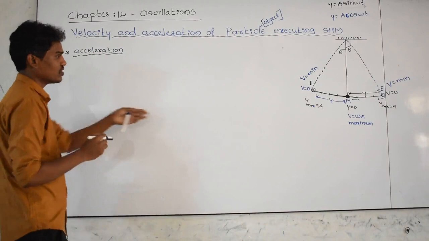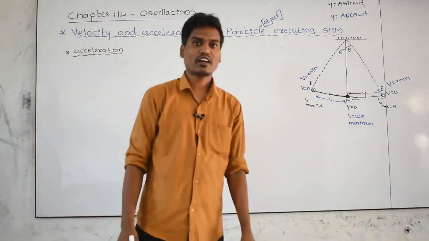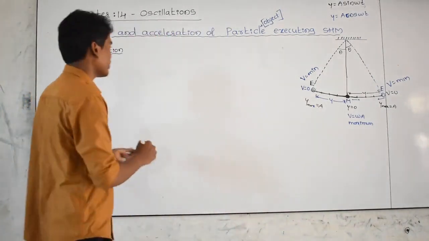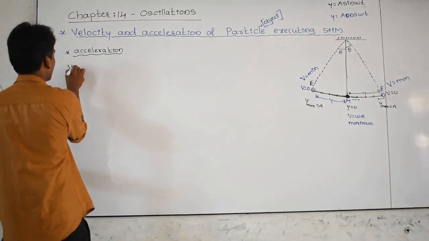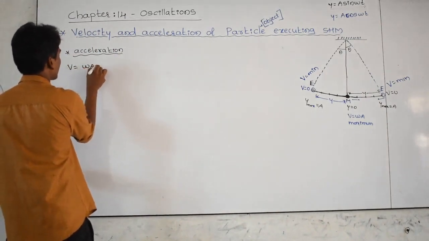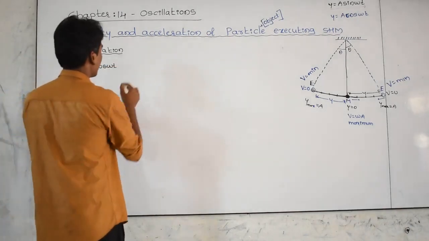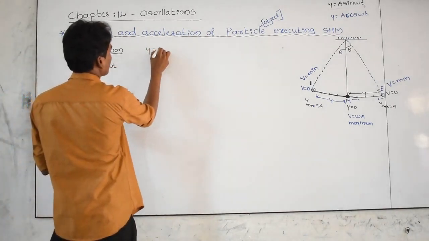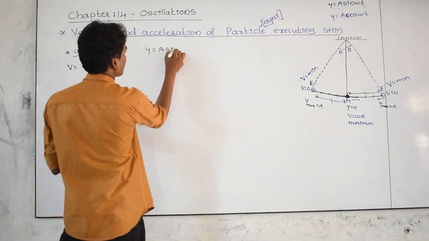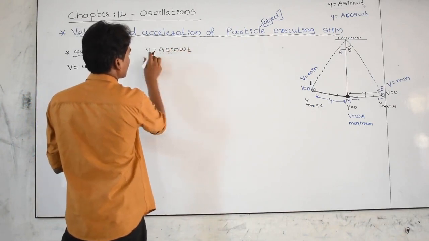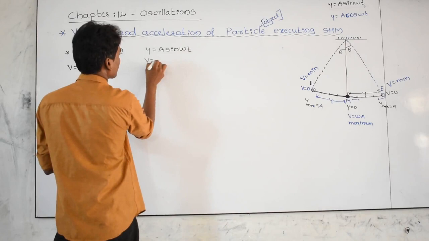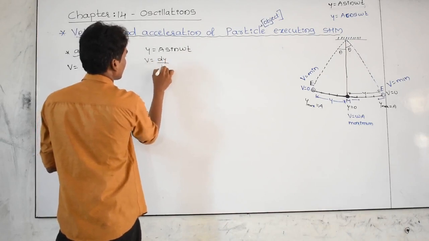In the last video, velocity can be found by using the formula v is equal to omega a cos omega t. How are we getting this formula? We know very well, y is equal to a sin omega t, and differentiating this we get v is equal to dy by dt.